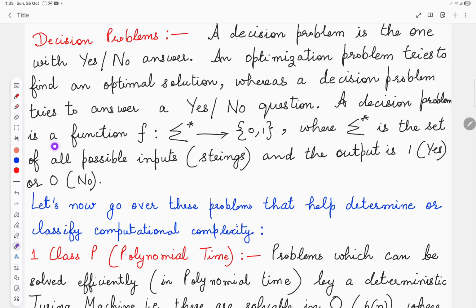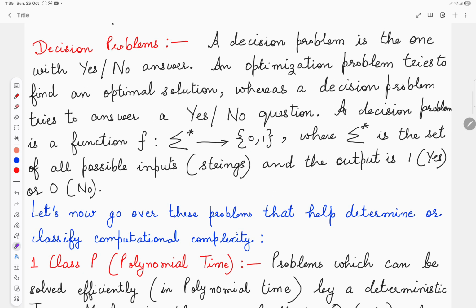A decision problem is a function f from sigma star, the set of all possible inputs or strings, to the output, which is only 1 out of 0 or 1. That means it is a yes or no type of solution.